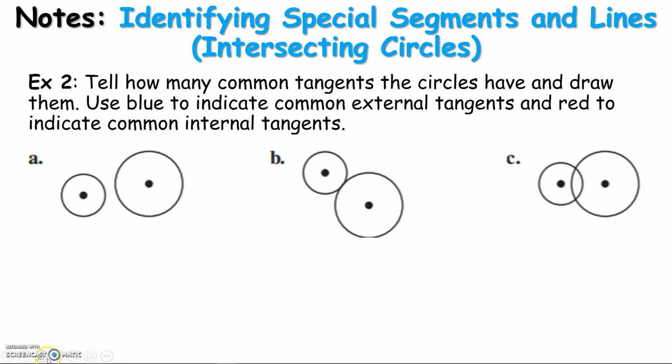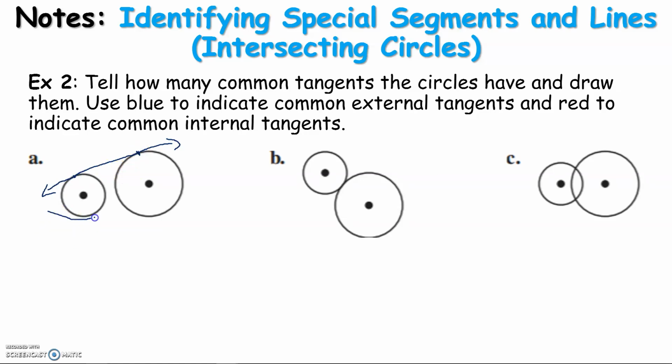We would like to use blue to indicate common external tangents. Okay, I'm going to draw this as straight as I can. There we go. There's one external tangent. It touches once here and once here.